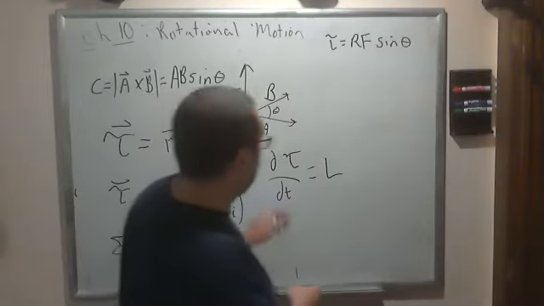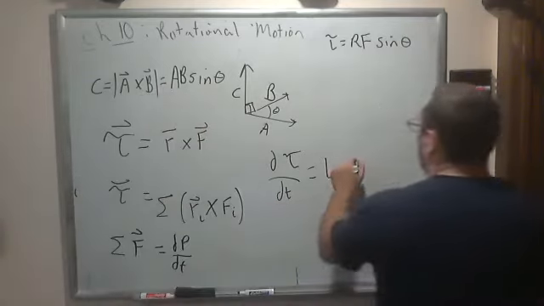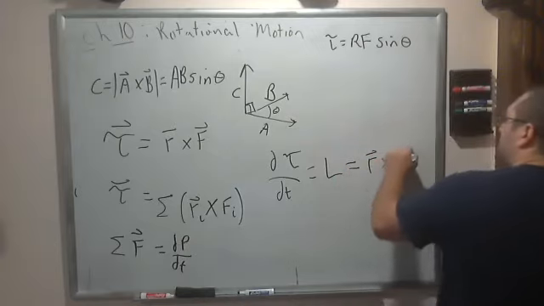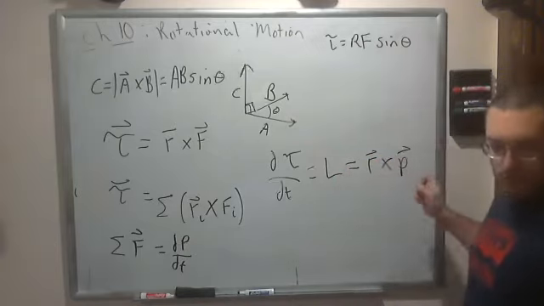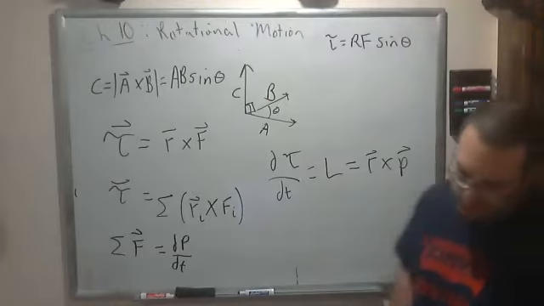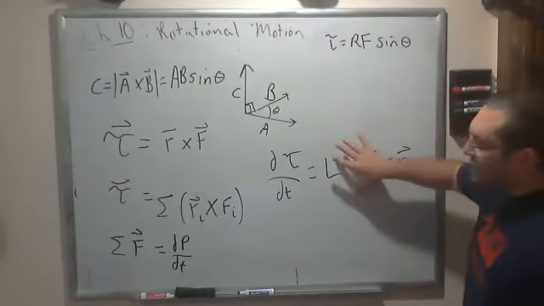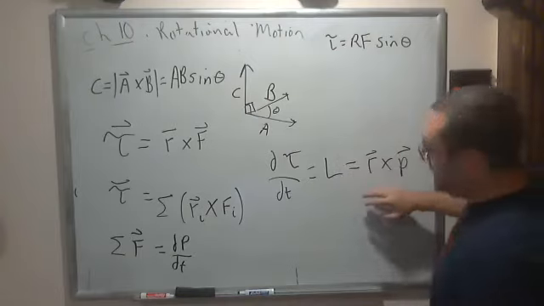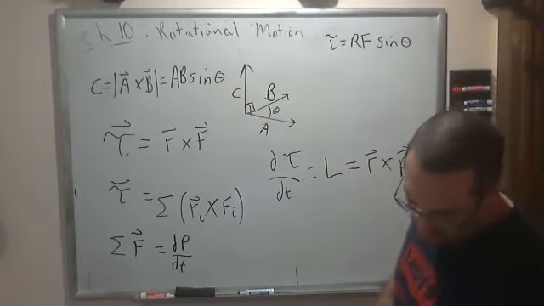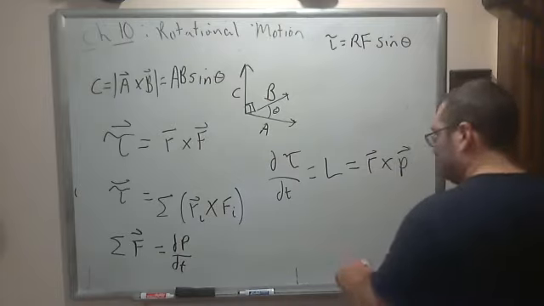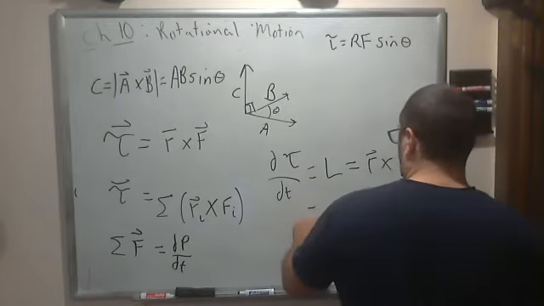So we know that dL is actually defined by this. It's just r cross p, the linear momentum. I could have solved it the other way. I would have had to do an integral, but I just wanted to show you the relationship between L and dt.